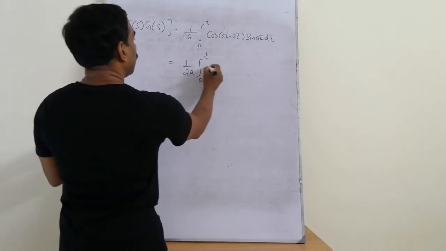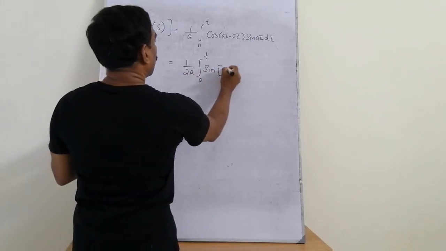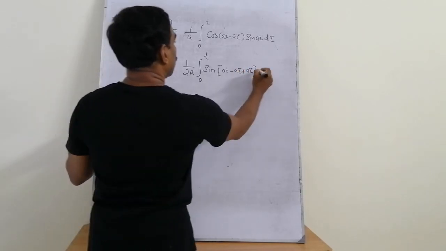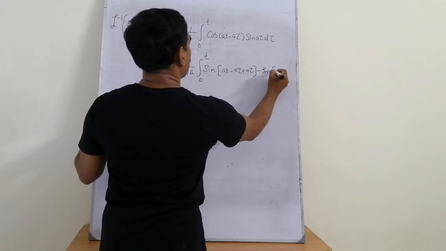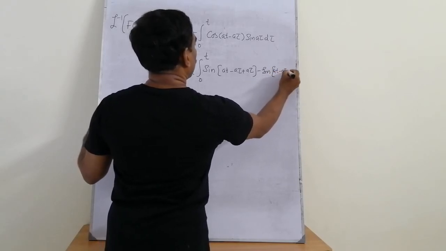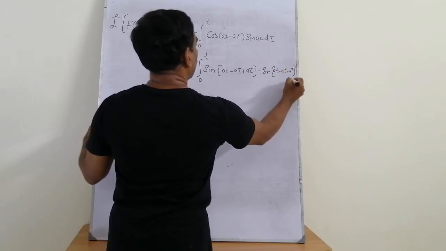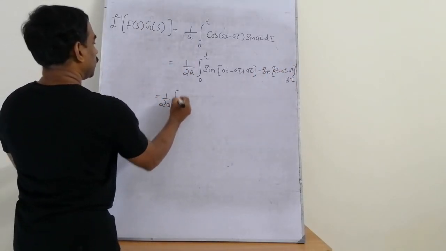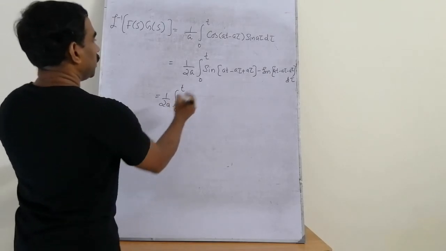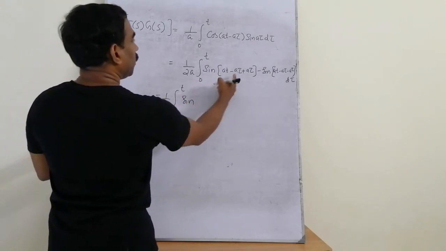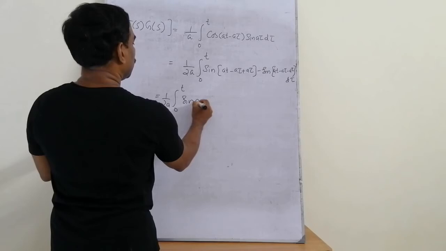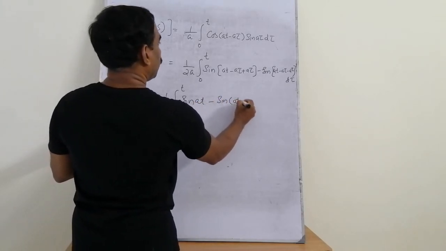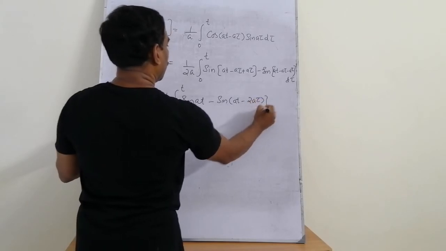That is sin of (a t minus a tau plus a tau) minus sin of (a t minus a tau minus a tau) d tau, equal to 1 by 2a integral 0 to t of [sin a t only minus sin of (a t minus 2 a tau)] d tau.